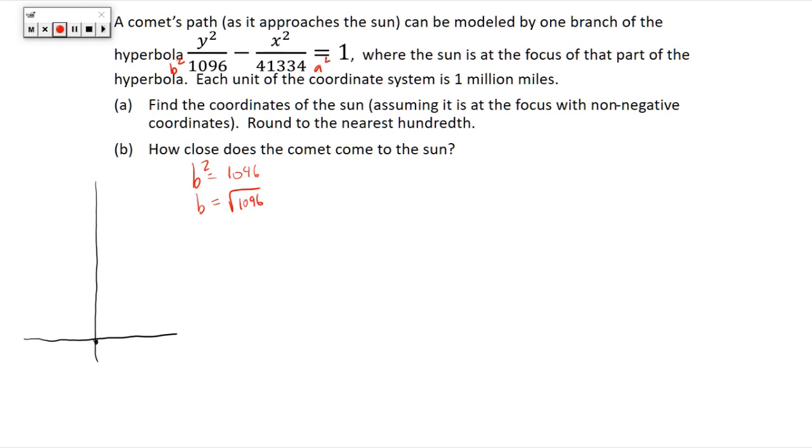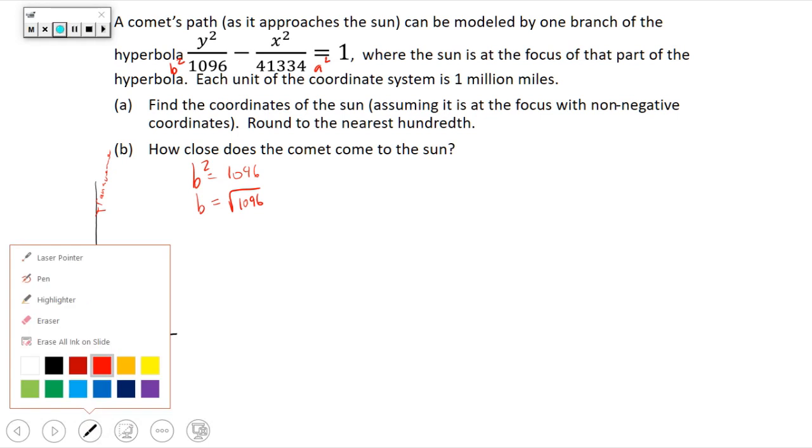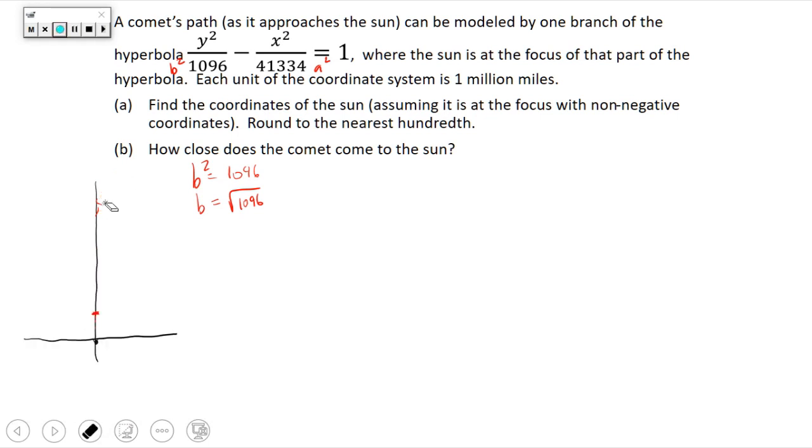So if we went up that far, we'd be at the vertex, right? Because this is now the transverse axis. That's where the vertex is going to be.